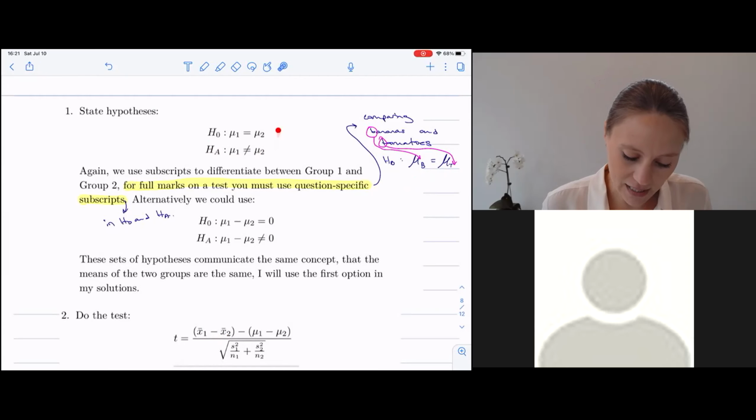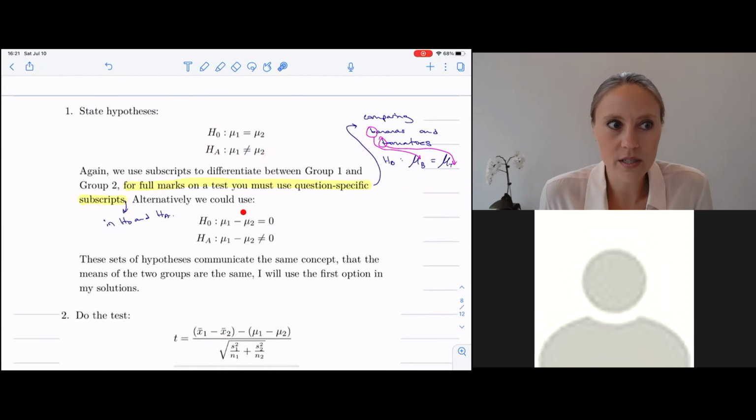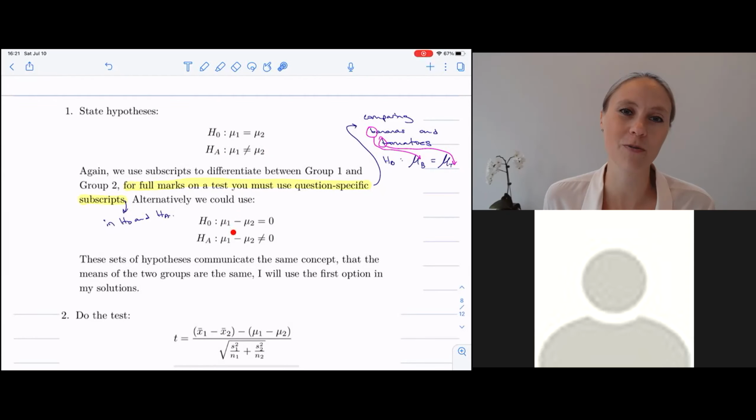So I like to set them up this way, right? However, you could also set it up like this, because you are talking about the mean or the difference in the means. So then, just like for paired data, you could say that your null hypothesis is that mu1 minus mu2 is 0. There is no significant difference in the means, right?